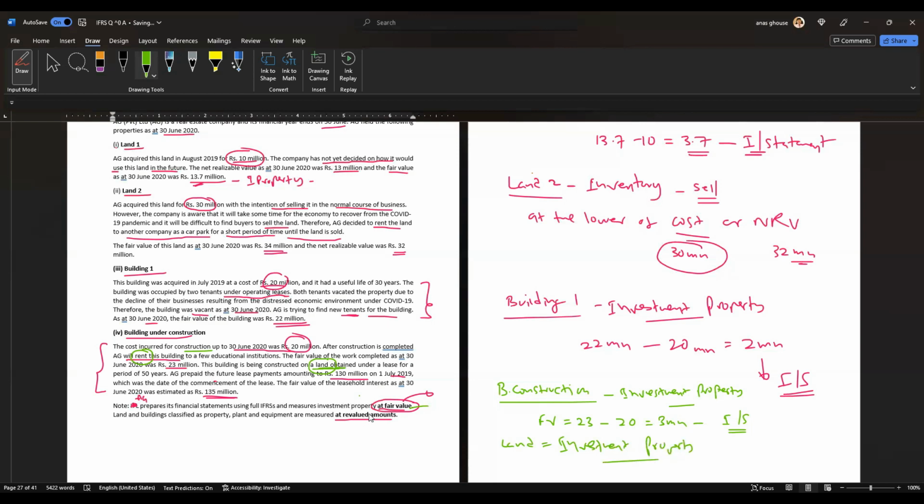So therefore, the fair value of the land is 135 million, and the cost, the lease payment, was 130 million. So therefore, 5 million should go to the income statement as fair value gain.